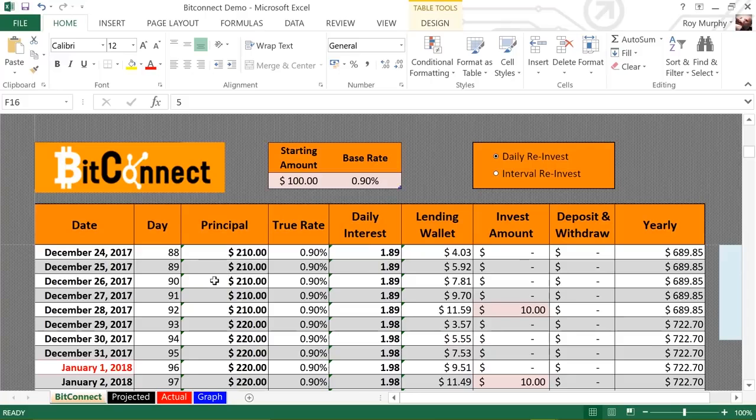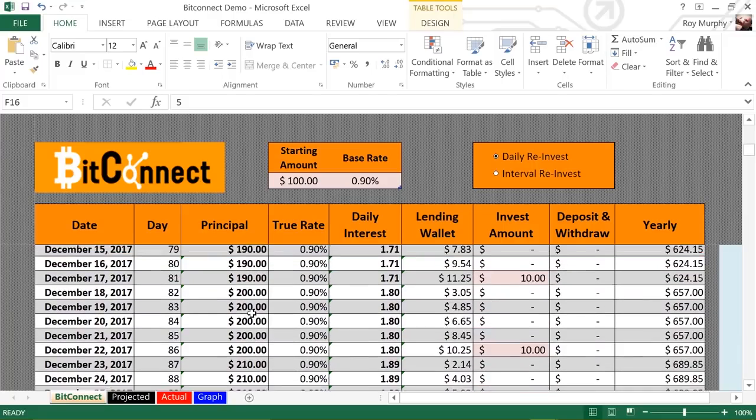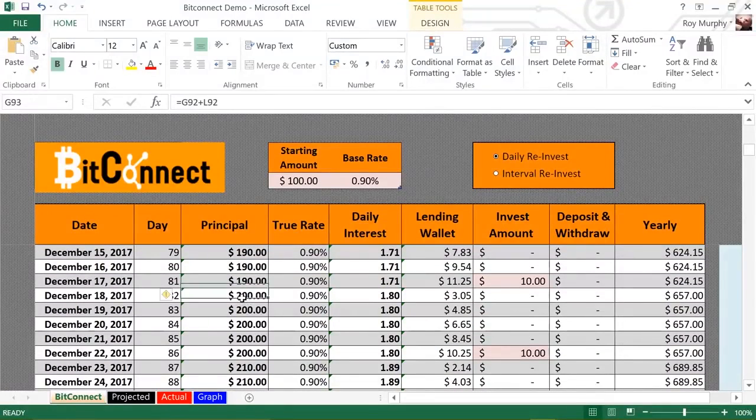At day 90, you've actually made $210, so you're $110 above the $100 you put in. Where did we get $200 from? $200 is day 82. So in 82 days of just reinvesting the interest you get through the Bitconnect system, you double your money, a 100% return on investment.